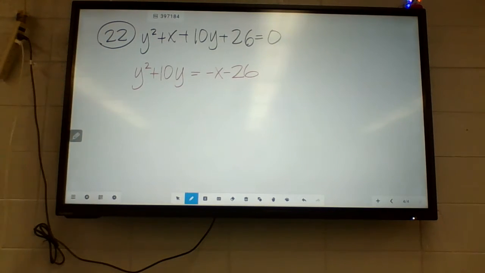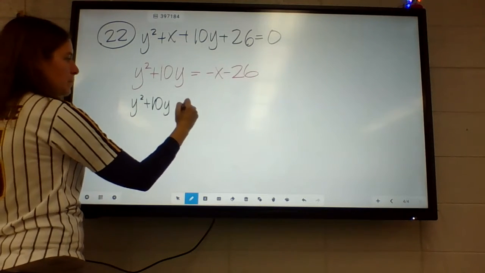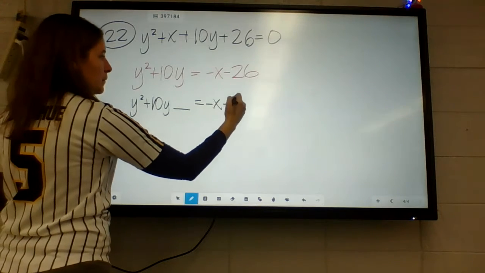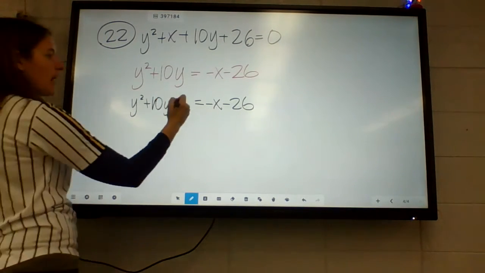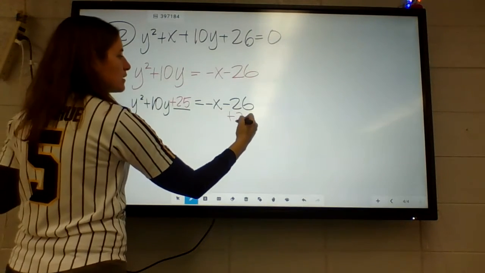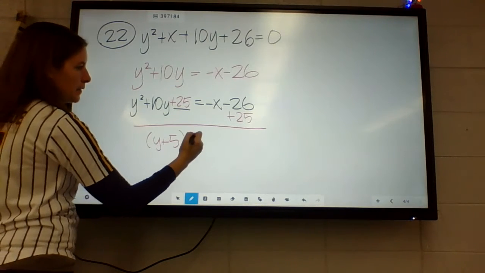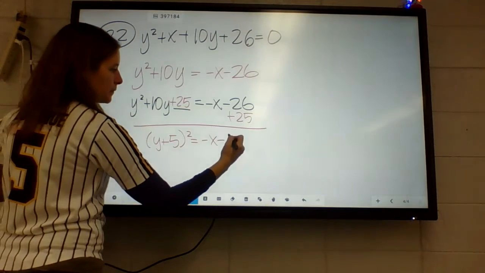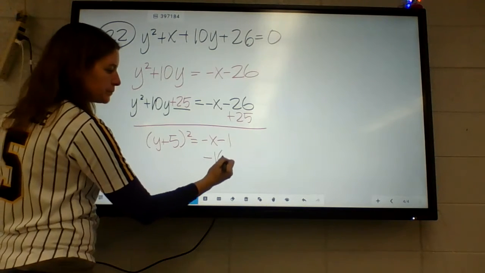Now I need to complete the square here. So 10 divided by 2 is 5, 5 squared is 25, so I'm going to add 25 to each side. And then I like that other side factored so that way we can figure out what the p-value is.